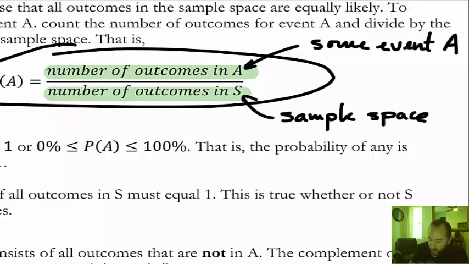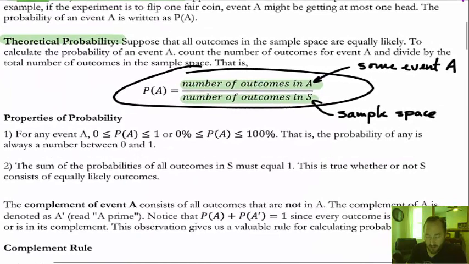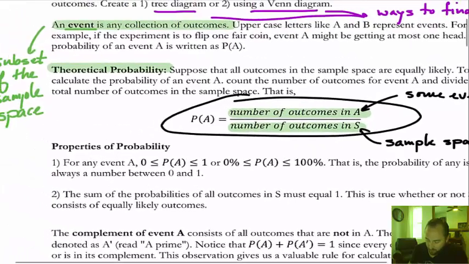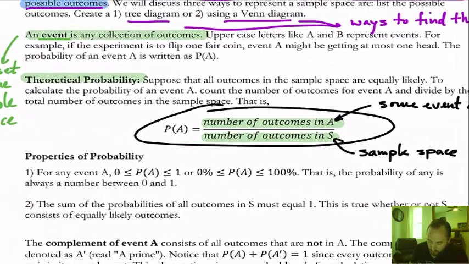We don't know what A is. We know A is a subset of the sample space, but A is based upon a condition. Here we write it as event A, and I'll put another tag here that it's based upon a condition.